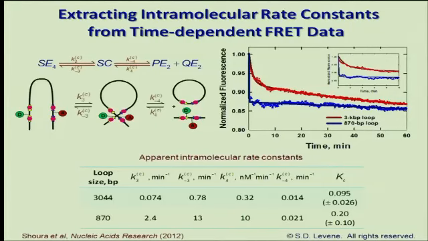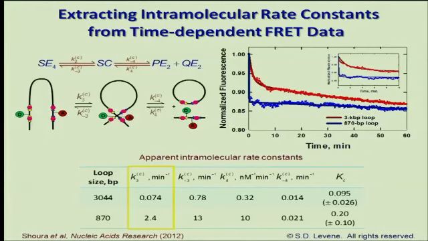And this is what the curves look like for two different sizes of loops. In one case, the curvilinear distance between the sites is 3 kb. In another case, the curvilinear distance is 870 base pairs. These are the rate constants. What I'd like you to notice is that the forward rate constant for this step, going from the free DNA to the looped intermediate, is very dependent on loop size.